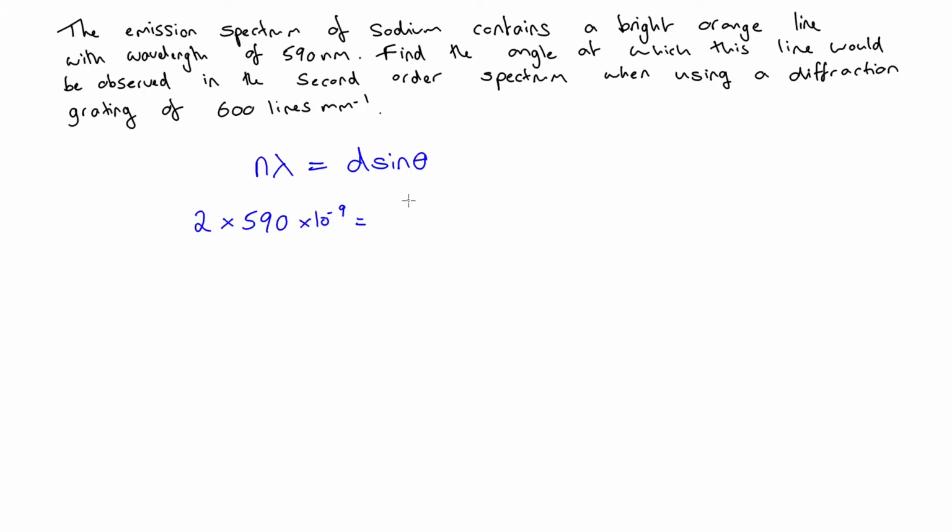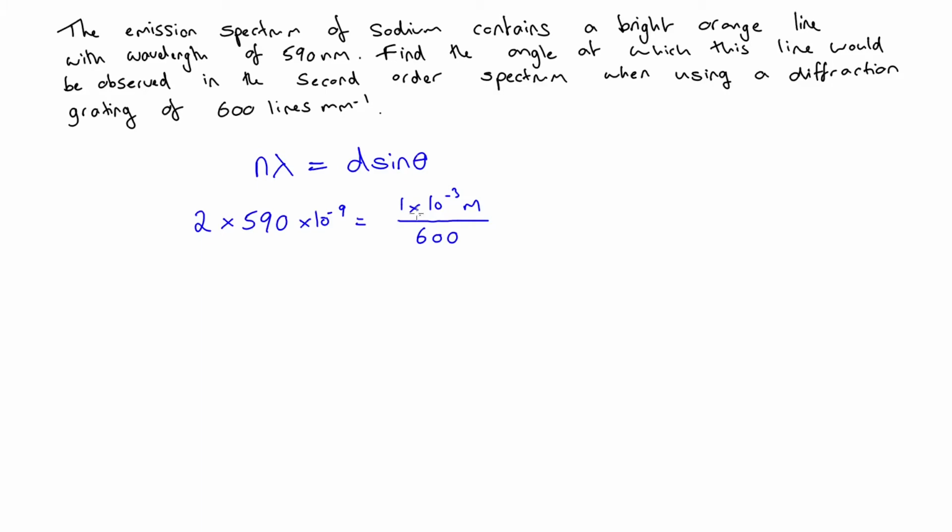So 1 millimeter is 1 times 10 to the minus 3 meters. Within that distance, we've got 600 lines. So if we take 1 millimeter, 1 times 10 to the minus 3 meters, and divide it by 600, that's the number of lines that are in that distance, what we should then get is the spacing just between a pair of lines. So that's worth remembering.